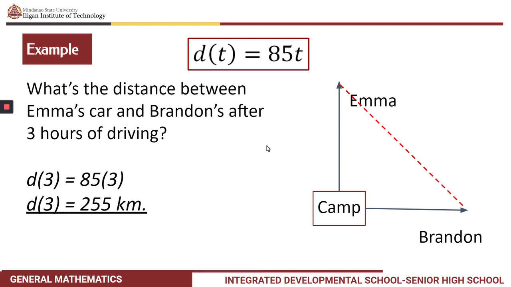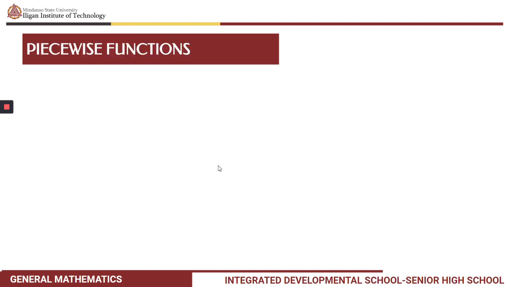Ang challenging na part is yung pag-generate ng function rule or ng model talaga. So pag-solve na is substitution na lang. Okay? So, gets. Okay. So, meron tayong other na type ng functions, which is the piecewise functions.